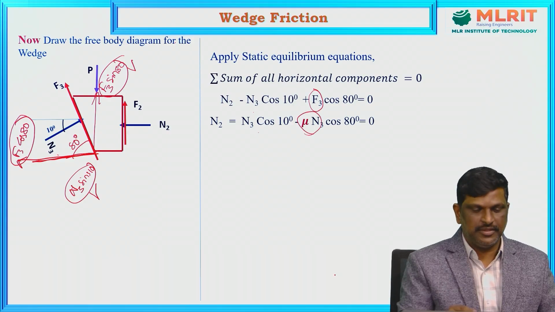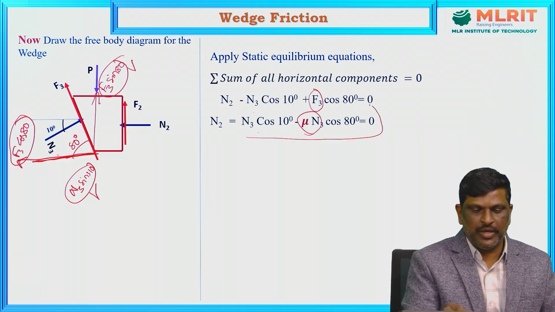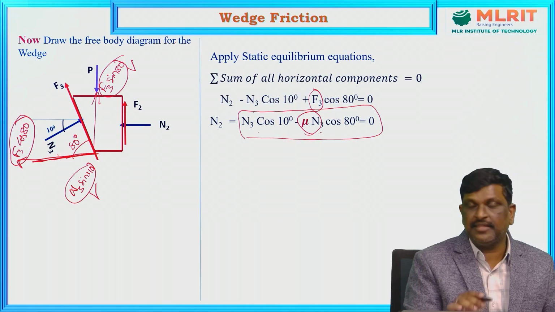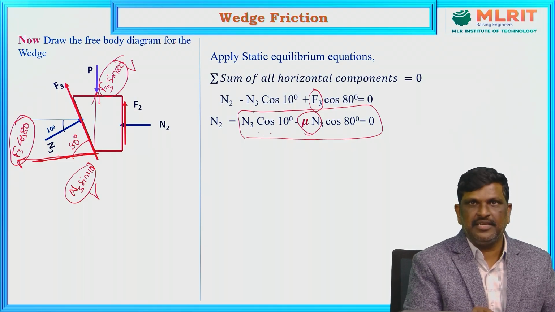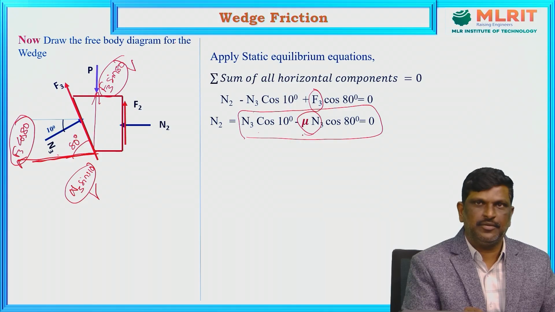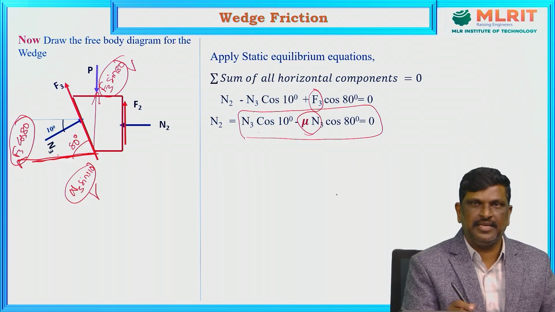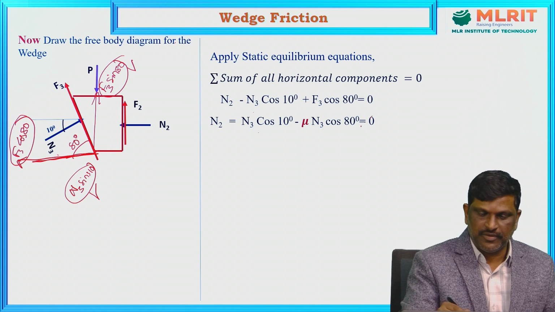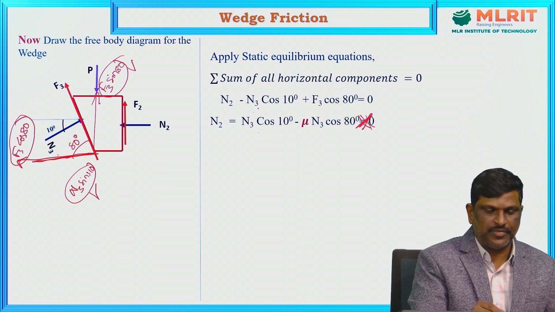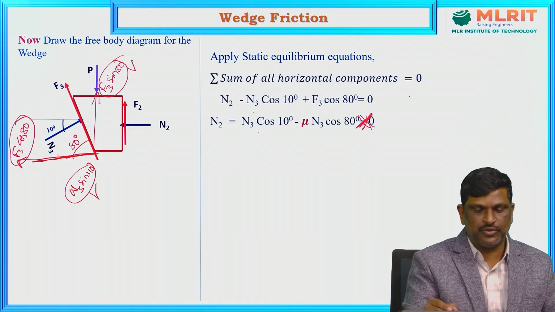I am reducing this right hand side to a single unknown value, that is N3. N2 is equal to N3 cos 10 minus mu into N3 cos 80. There is no equal to 0 here. I have taken the N3 terms and F3 terms to the right hand side.